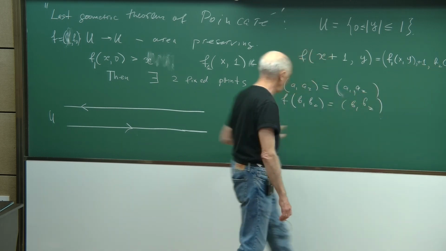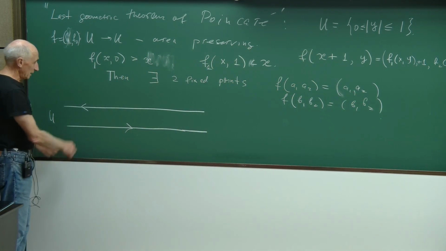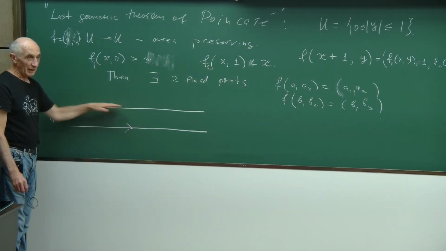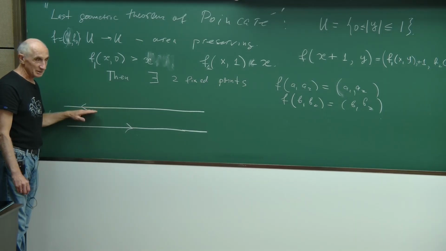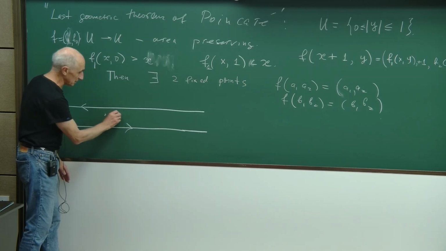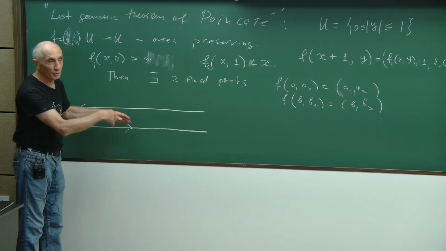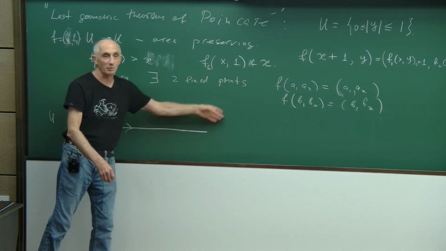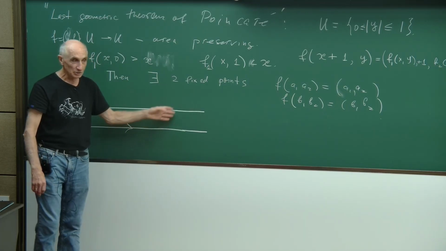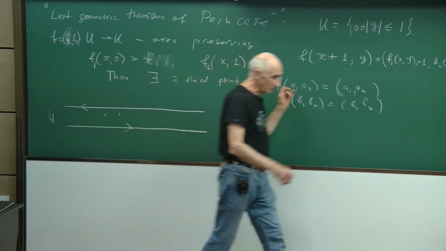You know that on the top boundary every point moves in one direction, on the other boundary in another direction, and then the claim is that there exist at least 2 points. Of course, 2 points mod 1, so that point is repeated infinitely many times. So this is the theorem of Poincare, which I will prove.